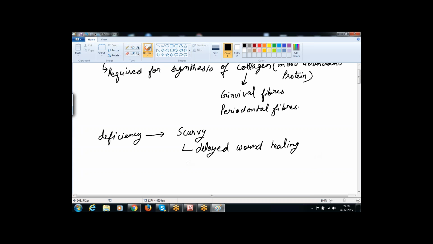Then there will be gingivitis or periodontitis with minimal plaque or calculus.